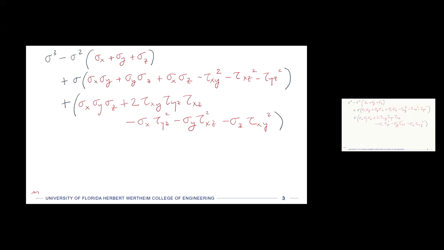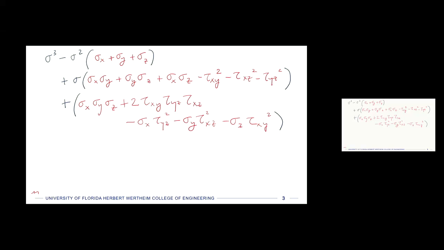And then we are going to take these different long coefficients and give them a name, okay? Because they do not change from stress state to stress state. So if we have solved for sigma 1, sigma 2, sigma 3, the principal stresses, these numbers stay the same in the equation.